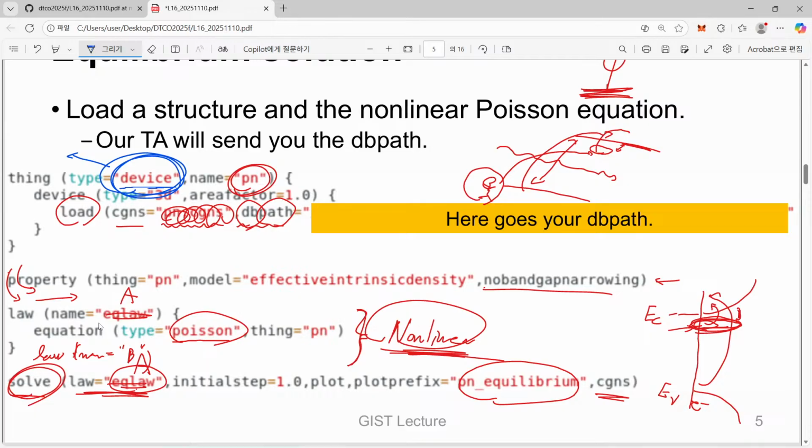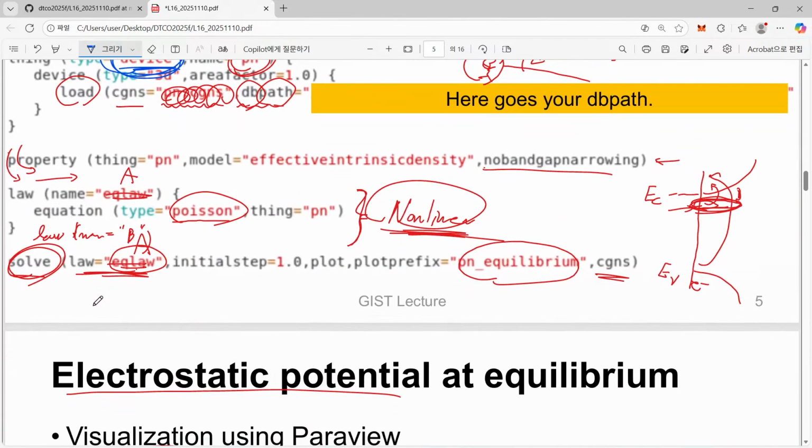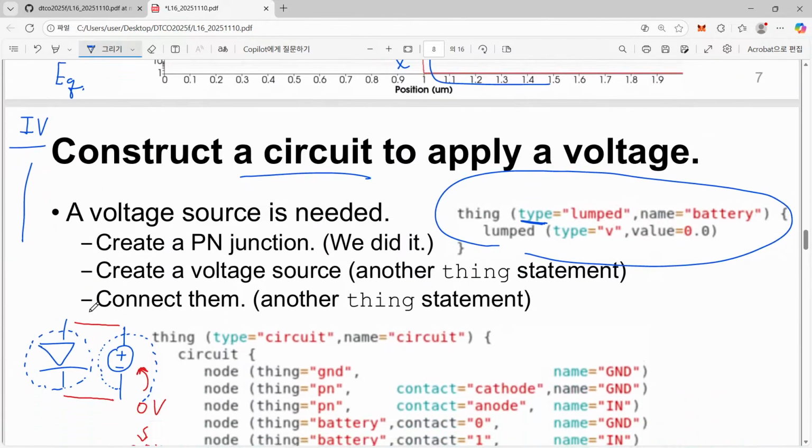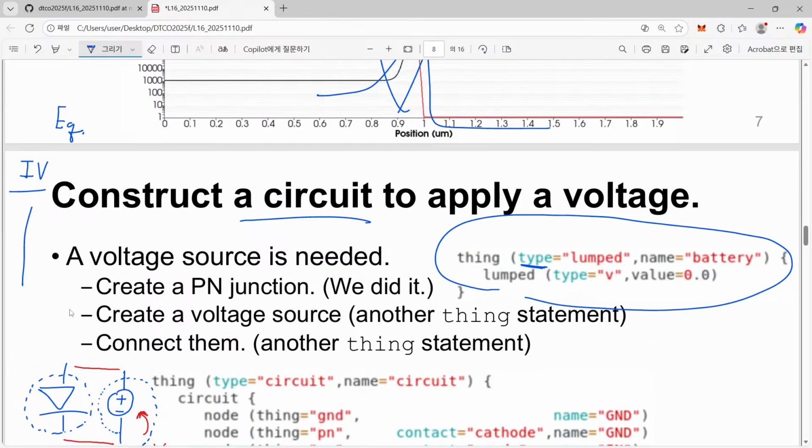That is determined in this device type. However, if we go to a simpler one called lumped, it is just specifying a resistor, a capacitor, an inductor, a voltage source, a current source. Such relatively simple ones are categorized as type lumped.